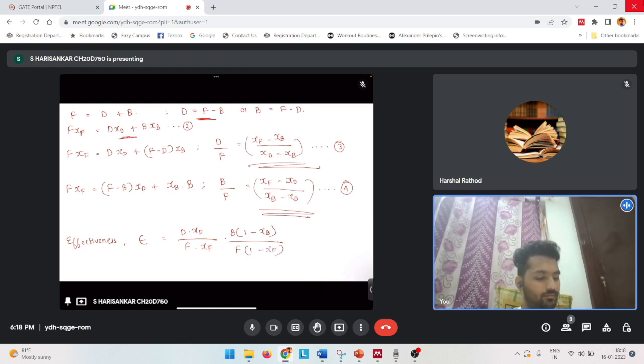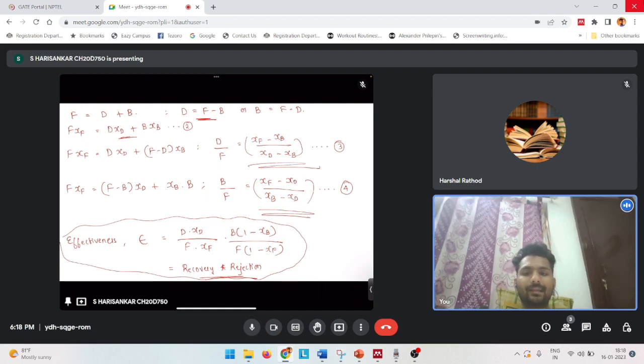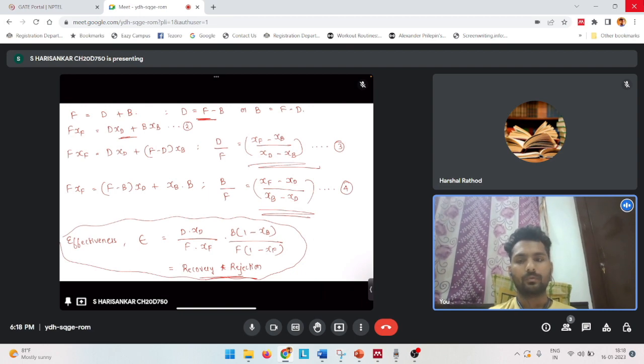You can say the first term is called recovery, and the second term is called rejection. So this is the general equation for the effectiveness of a screen. Now we can elaborate this equation using the mass balance equations 3 and 4, but this is the basic equation for the effectiveness of a screen.